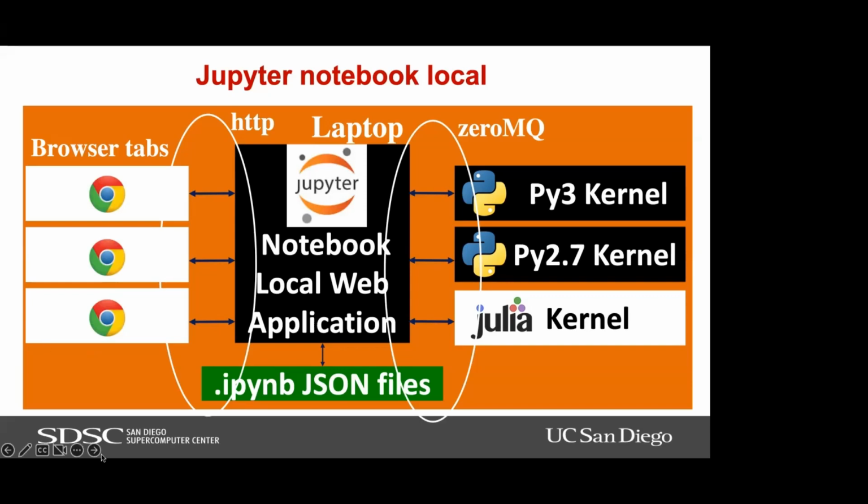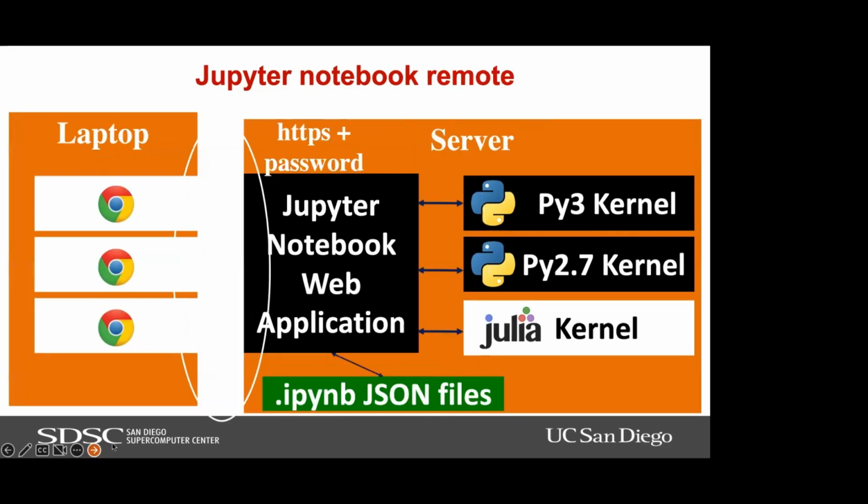And once you're ready to say, okay, this works fine at the small scale, let me go to a larger scale, you can go onto a machine like Expanse and spin up the notebook on an Expanse compute node, which has a lot more resources than your laptop or desktop.